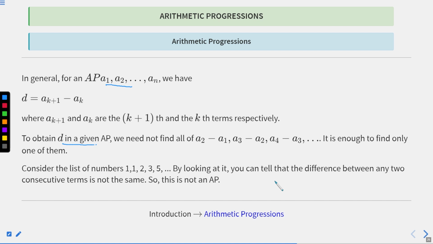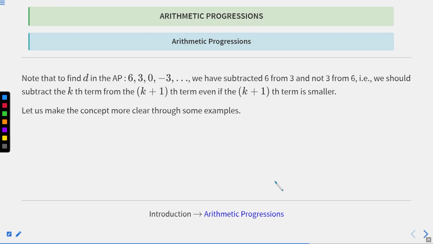Now note that to find D in the AP 6, 3, 0, minus 3, and so on, we have subtracted 6 from 3 and not 3 from 6. So for getting the value of the common difference, we first take the preceding term and then subtract it from the succeeding term.